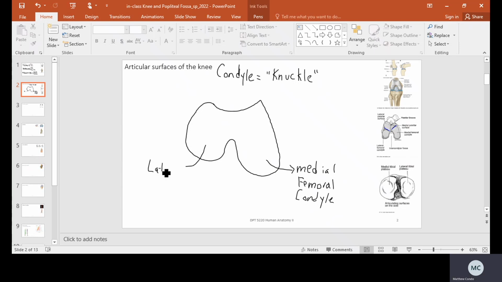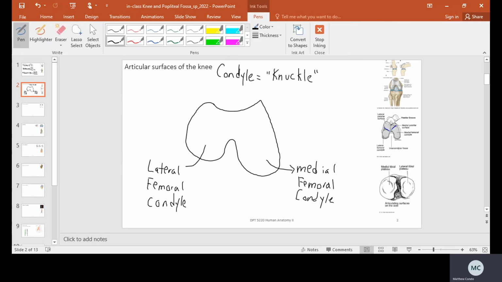And this is going to be my lateral femoral condyle. And the big thing I want you to notice here is going to be the length of the distance. All right, so I have much more length on my medial side than I do my lateral side.